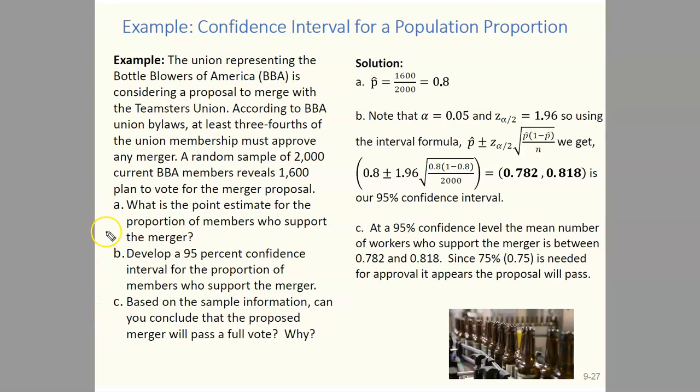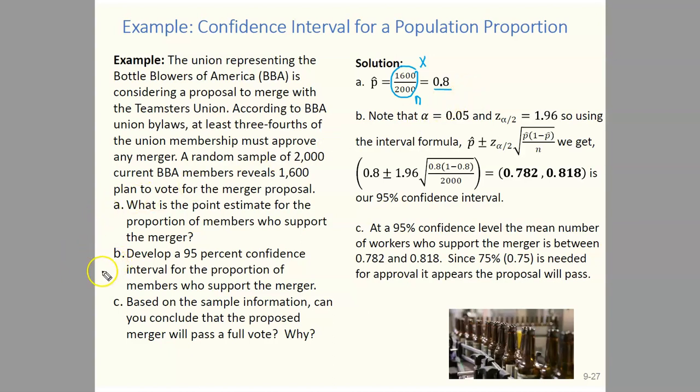So for Part A, our point estimate is merely going to be 1600 divided by 2000. That's going to be our point estimate. You see, the 2000 is the n, and the 1600 is the x, the number of successes out of 2000 trials. Now when we evaluate this, we get 0.8. That is our point estimate for the proportion of members who support the merger.